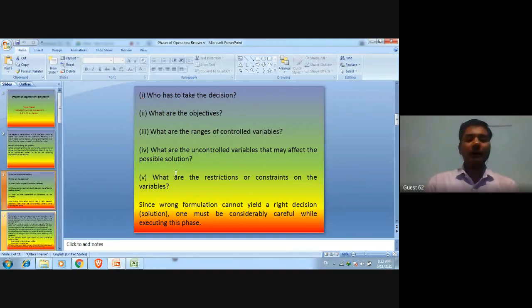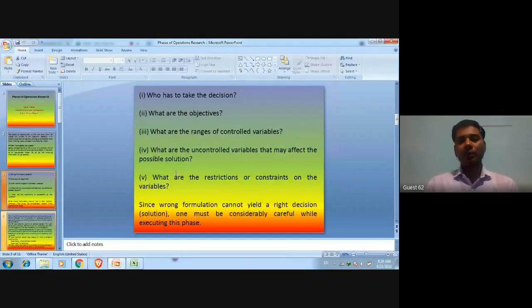For example, if you are giving an exam, and there is a question where you have to solve a transportation method and also check the optimality test of that transportation problem.